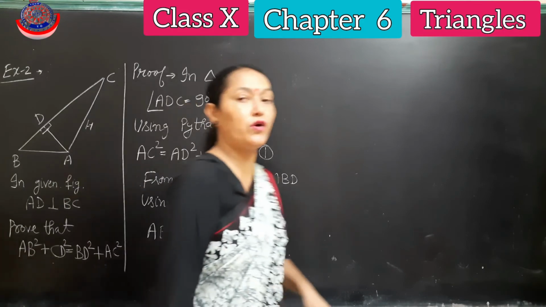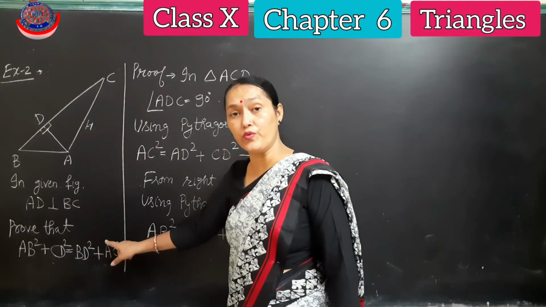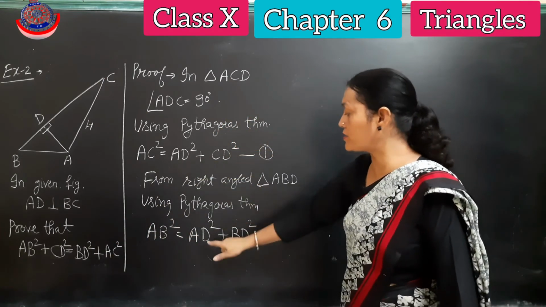These two equations are got, and if you look at your result, whatever was being asked to prove, here AD is nowhere. This AD square is not there.